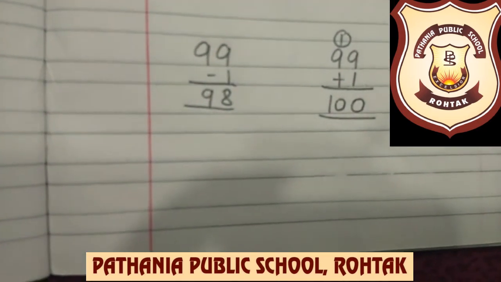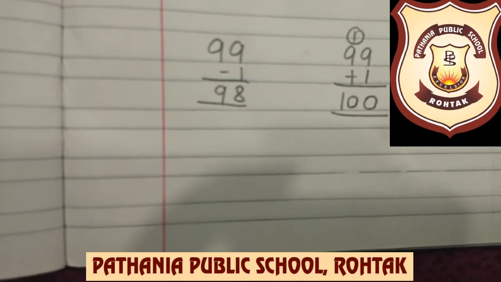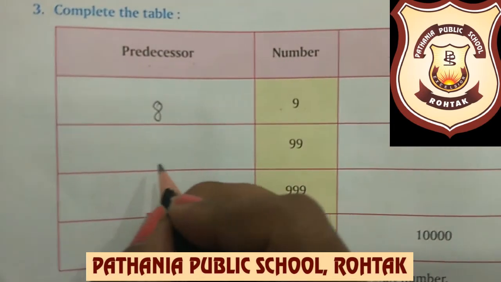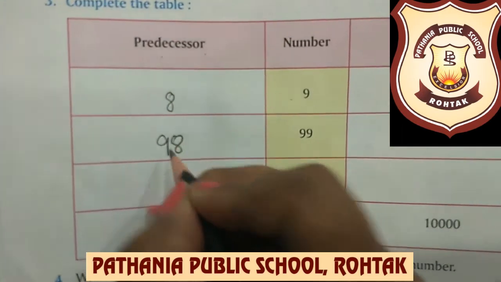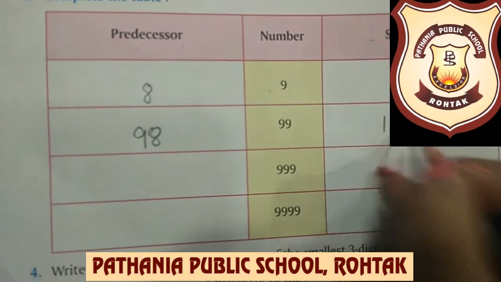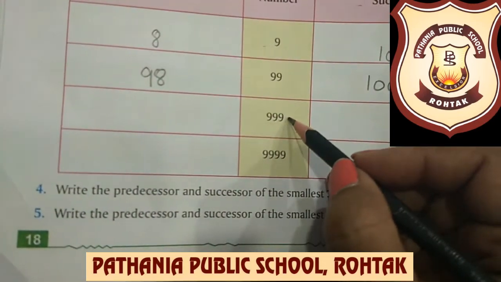So 98 is the predecessor of 99 and 100 is the successor of 99. We will write our answer in the book that 98 is the predecessor of 99 and 100 is the successor of 99.